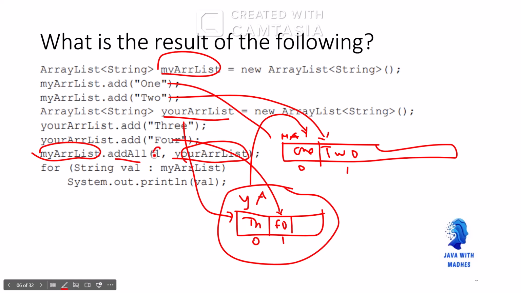So add your array list elements from the first position of my array list. That is the meaning of this line. So we have to add all the elements of your array list at location 1. Here the 2 will be moved to the next memory location. So we will see how we are adding that.